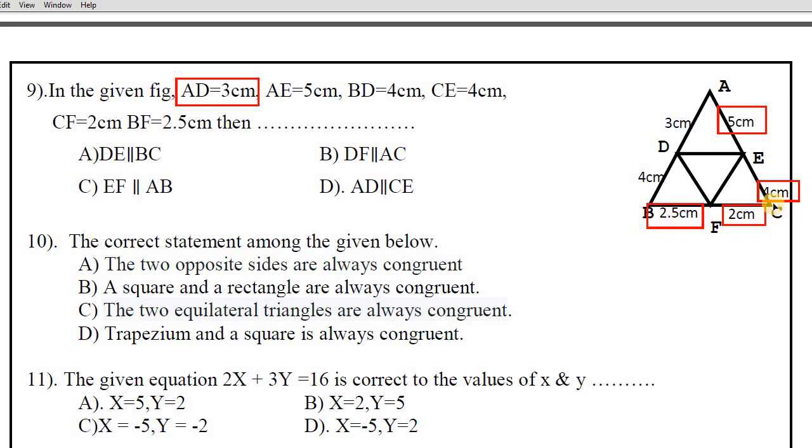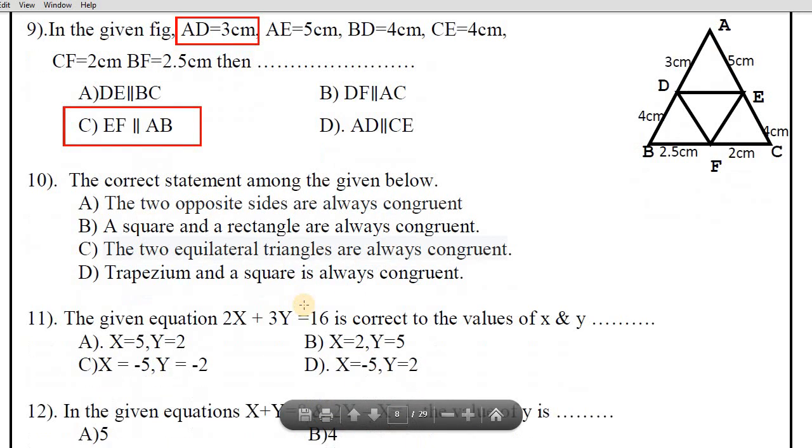These ratios will be equal. So 4 by 5 is equal to 2 by 2.5. Now simplify 4 by 5. Here also we have 2 by 2.5 only, children. Hence, which side is the parallel side? So EF, this one, EF is parallel to AB. So that you want to select. So option C is correct for this problem.